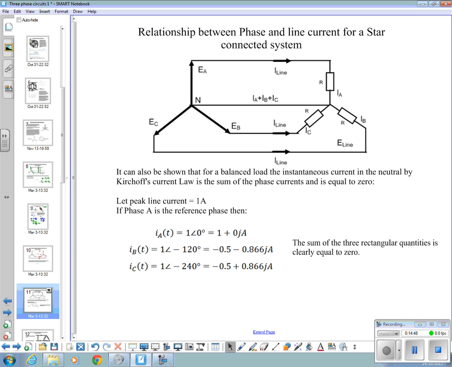Clearly, they add up to nothing. 1 minus a half is nothing, and 0 minus 0.866 plus 0.866 is nothing. So we end up with a sum total of nothing there. As you'll find out in later weeks, when you get an unbalanced load, then some current will flow in the neutral.